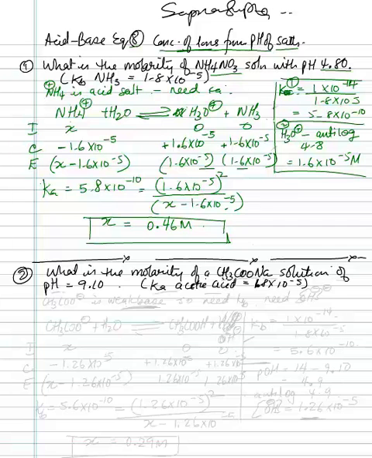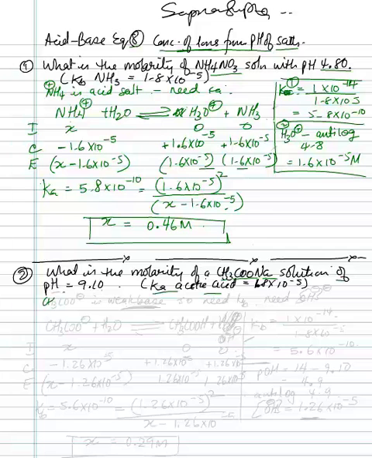Now let's do another one of those and see if we have gelled this, because there's always something else. What is the molarity of sodium acetate solution of pH 9.10? The Ka of acetic acid is given to us, 1.8 times 10 to the negative 5.